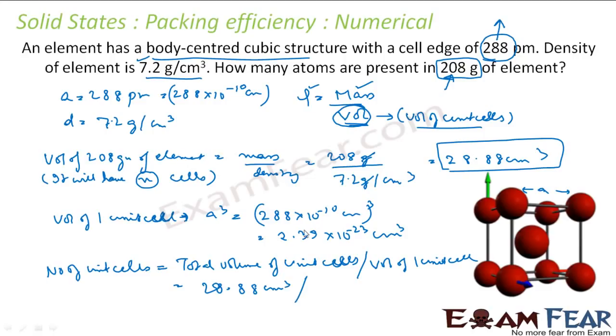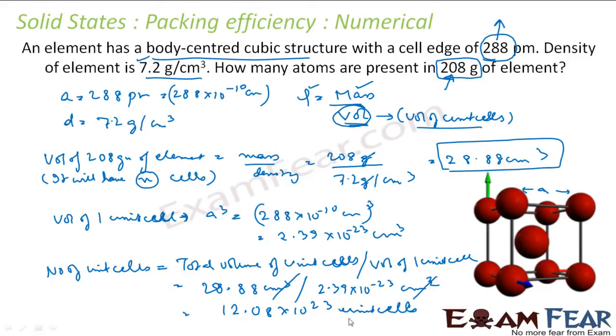Divide by the volume of one unit cell, that is 2.39 into 10 to the power minus 23 centimeter cube. Please note, all the units are the same, so they cancel, and with this you solve, you get the answer as 1.208 into 10 to the power 23 unit cells.